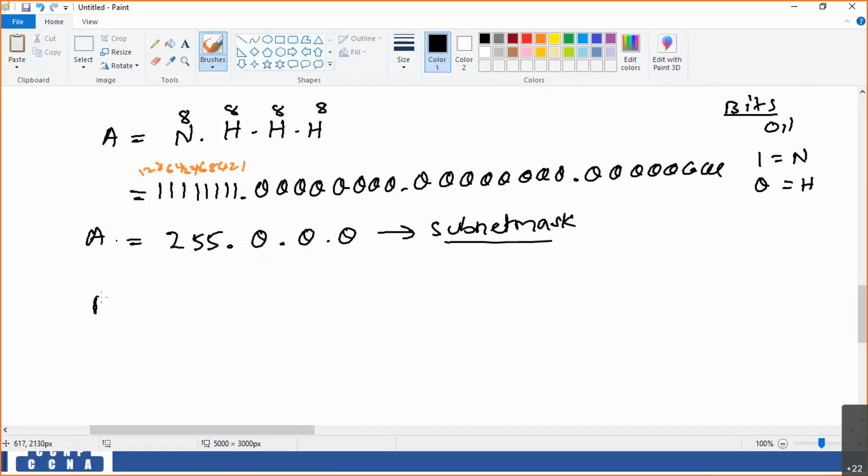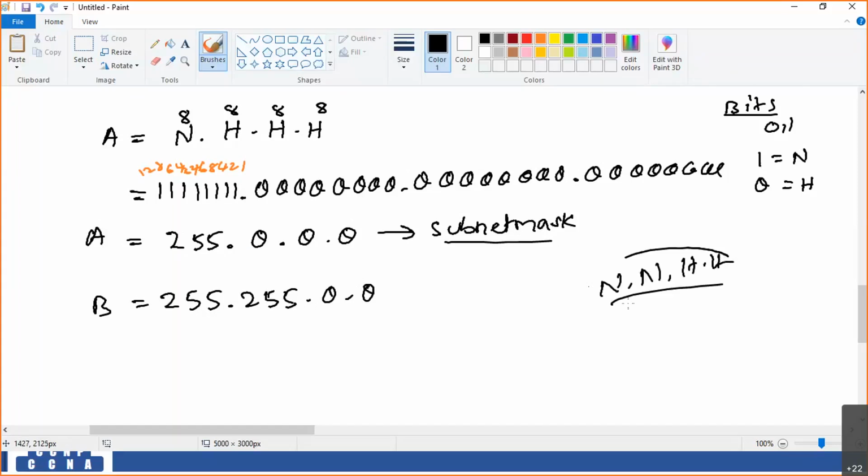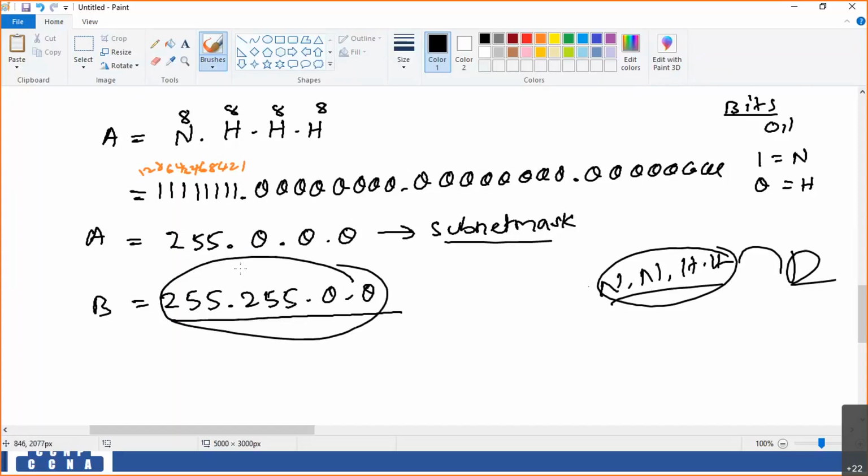Now you tell me, for class B, what will the subnet mask be? 255.255.0.0, because as users we know network, network, host, host. Then we convey this information to the computer as 255.255.0.0. This is understood by computers; the other is for users.